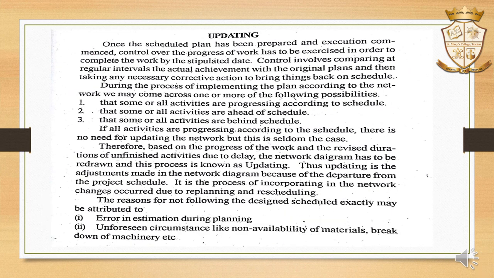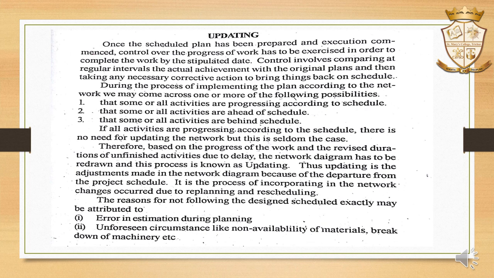Then updating. Updating is a term used in the network diagram. Based on the progress of the work and the revised durations of unfinished activities due to delay, the network diagram has to be redrawn, and this process is known as updating.